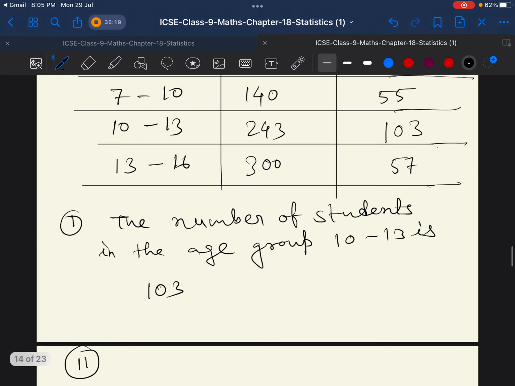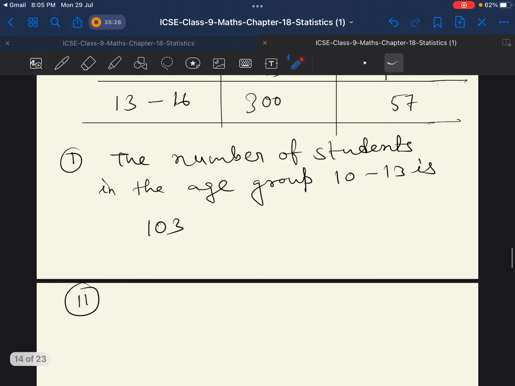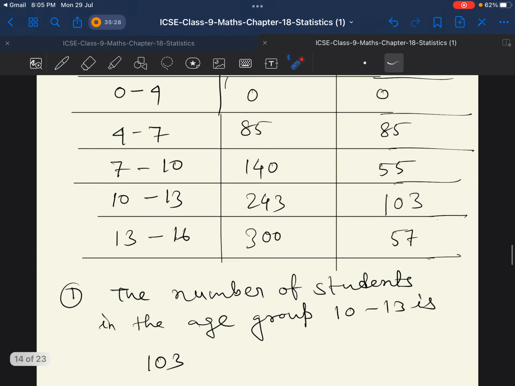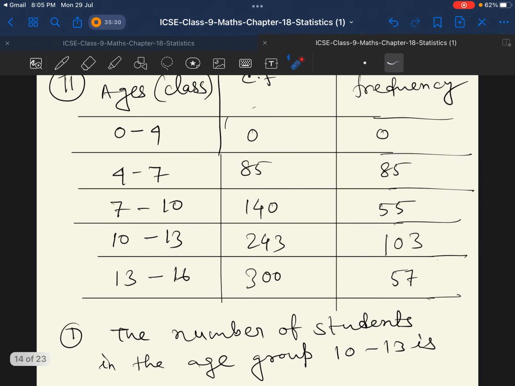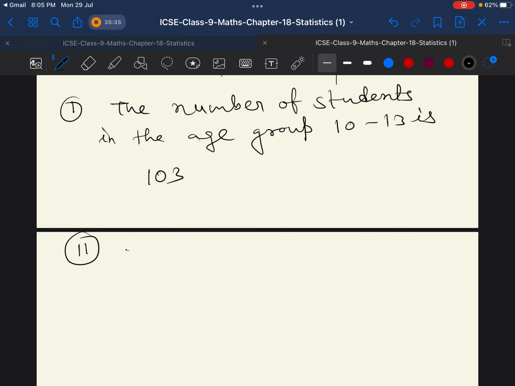Question number 2, age group which has the least number of students. Here you see the least number of students is 55. 0 is not possible, but the least number will be 55.